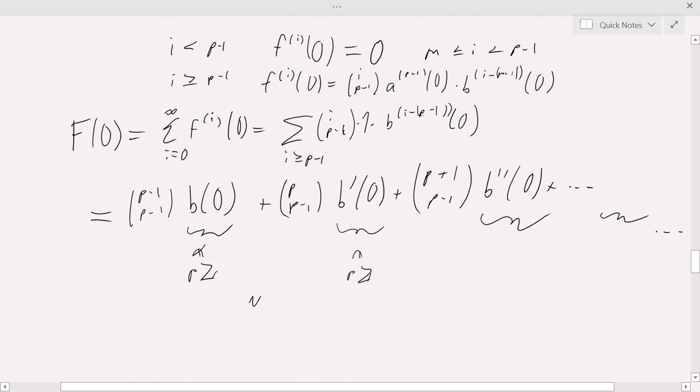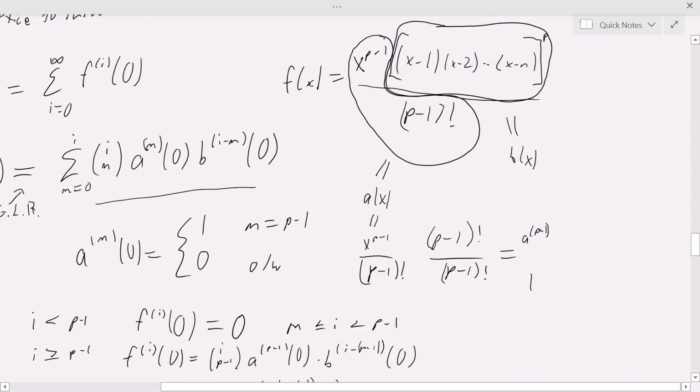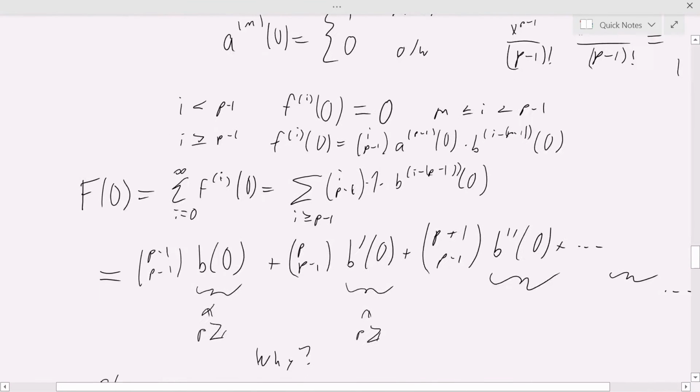So why? Well, let's just go back to our b function for a moment. This is the product of x minus 1 up to x minus n, all raised to the power p. Now when you plug in 0, you're going to have minus 1 times minus 2 all the way up to minus n, and that raised to the power p.